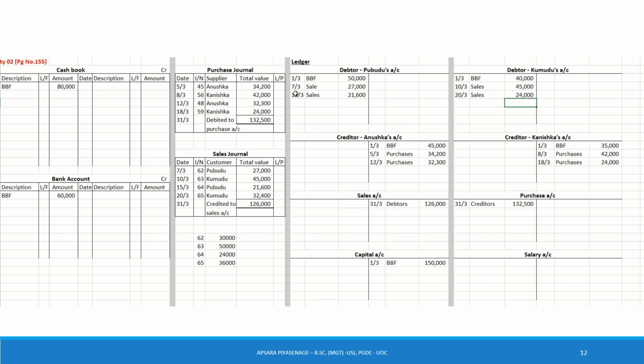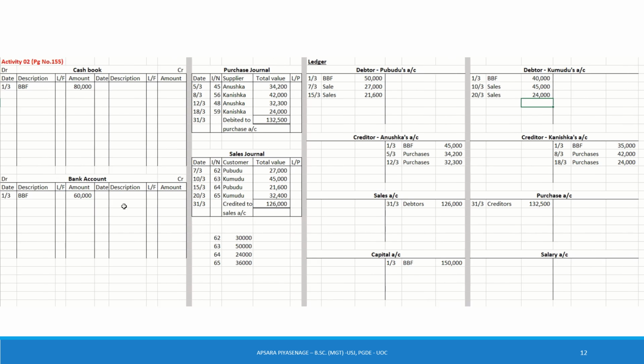Right. Then we have details of receipts, cash receipts and check receipts. On 2nd of March, there's a cash receipt from sales. From sales, they have received a sum of 20,000 cash.